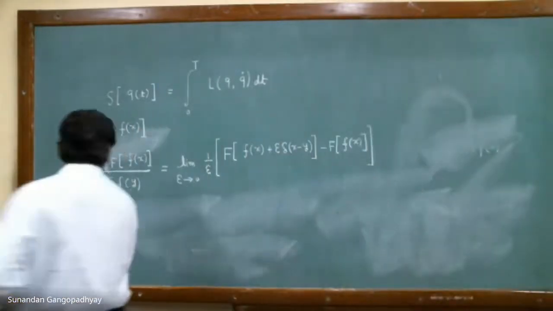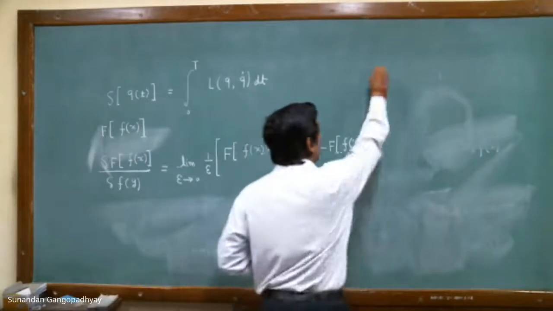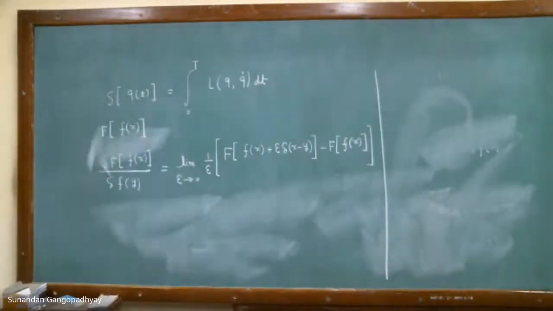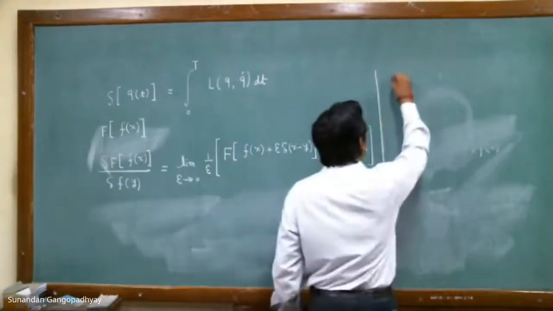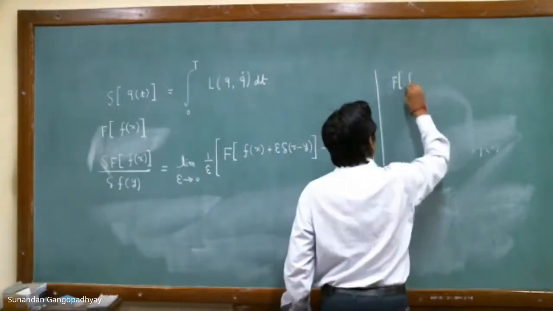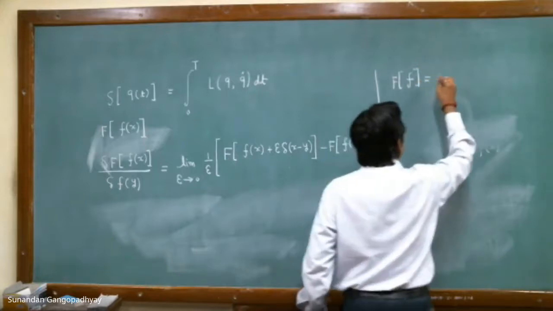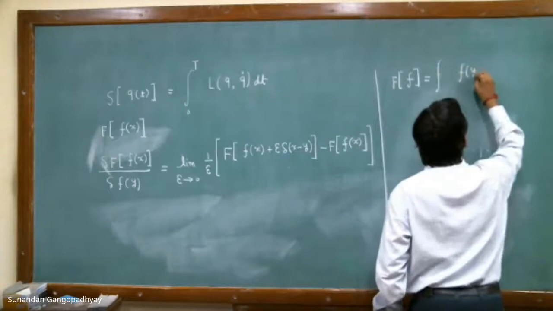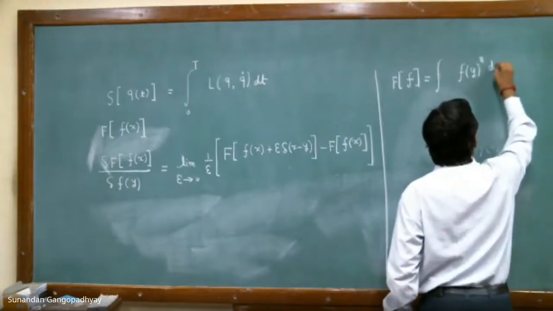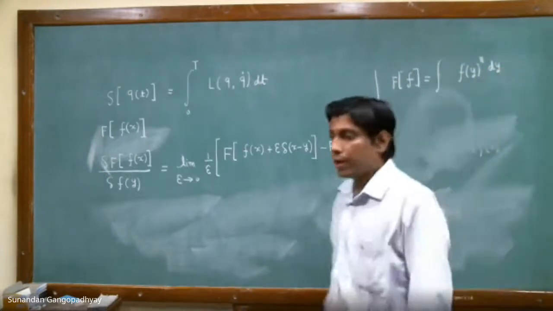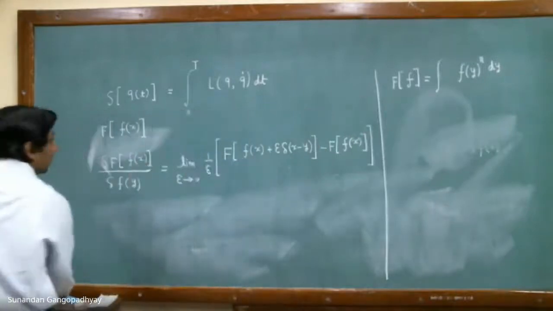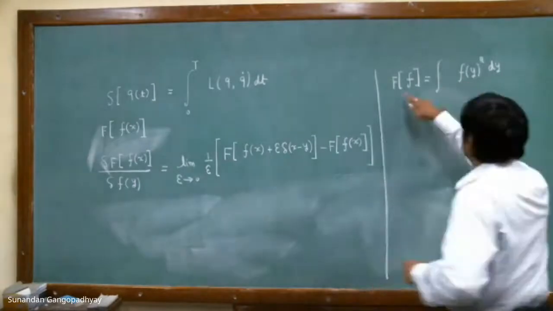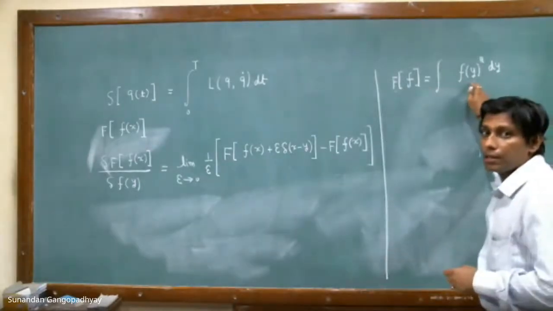So the first example that we shall take is the following. Let us take a functional F of f which is integral dy f(y) to the power of n. You can see that this F is really a functional of this f.